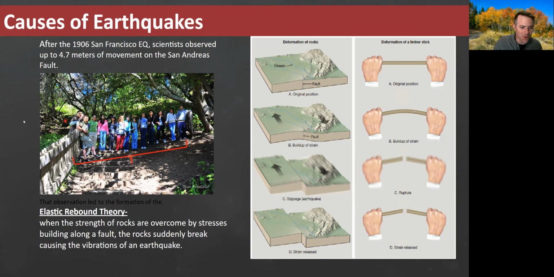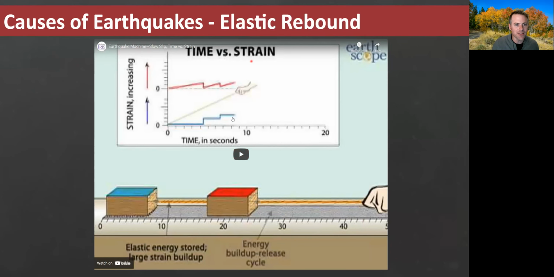It's so crazy to think about. But you'll notice the fence is straight here, and straight over here. Once it releases that energy, the rocks go back to being straight and undeformed until more stress or strain is applied to them.